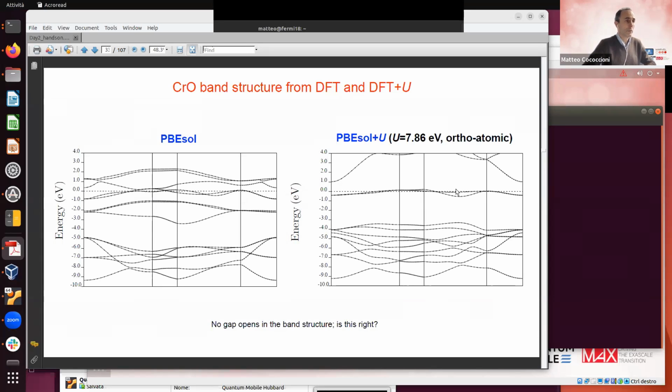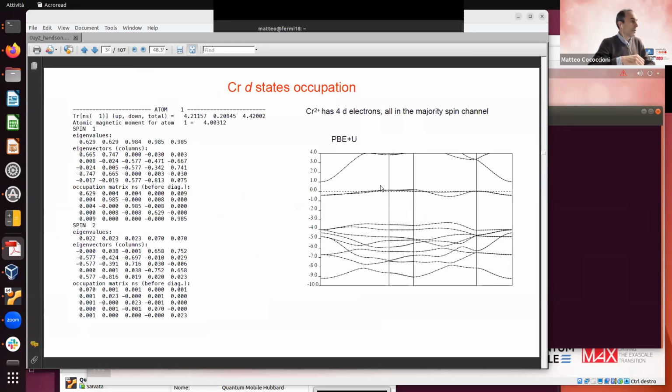This is because of the type of problem I was mentioning this morning: two of the states, because of the symmetry of this system, remain degenerate to each other, and so they keep being half filled or approximately so, and they stick to a very narrow region around the Fermi level, so that they both are partially occupied. We will see this in a moment.